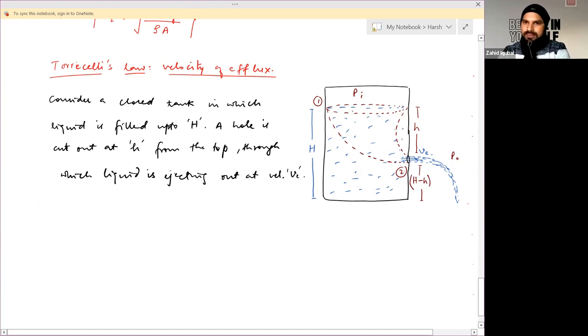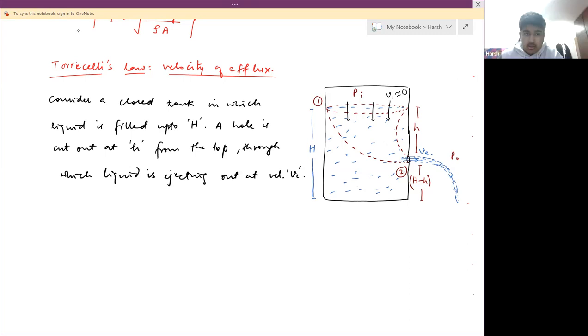Since at the first end the area of cross section is very large, the velocity of falling liquid, or the velocity of decrease in level of liquid at this point, will be very small or simply equivalent to 0. Is it clear? Yes, sir.